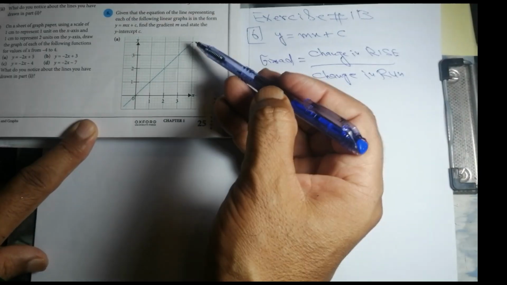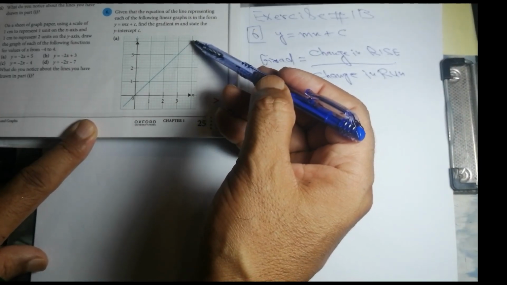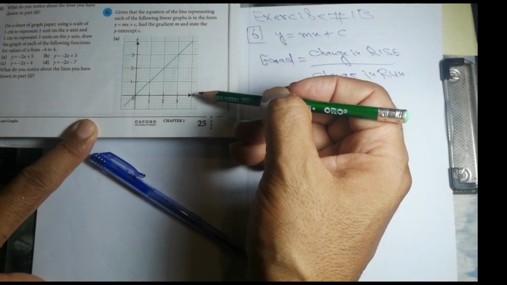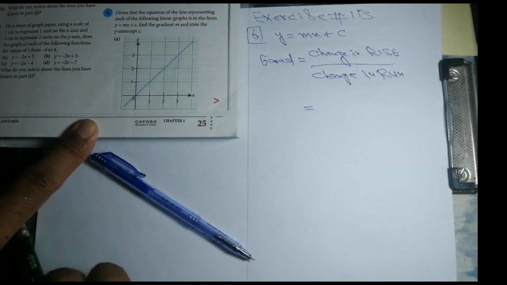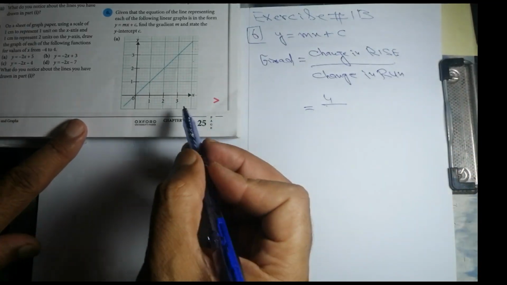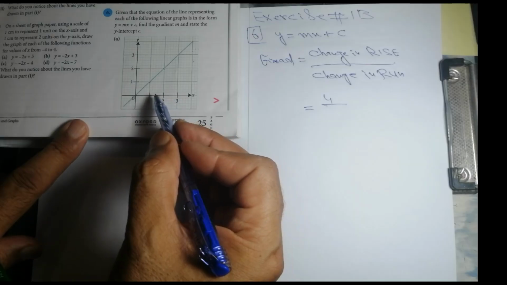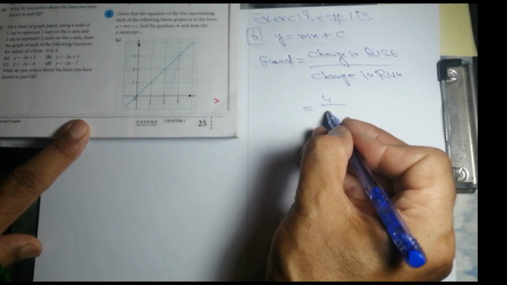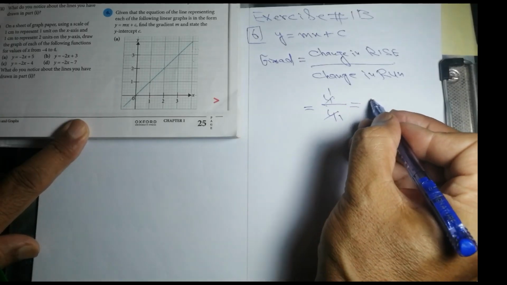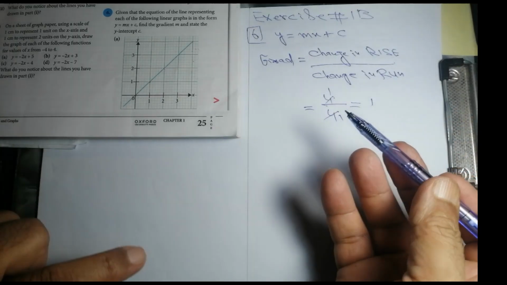See the vertical distance, for example if you take this point, its vertical distance is 1, 2, 3, 4 units. So it is 4. And the horizontal distance, 1, 2, 3, 4, that is 4. 4 over 4 is 1. So gradient equal to 1.